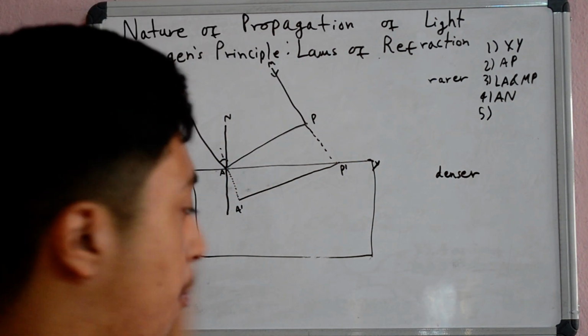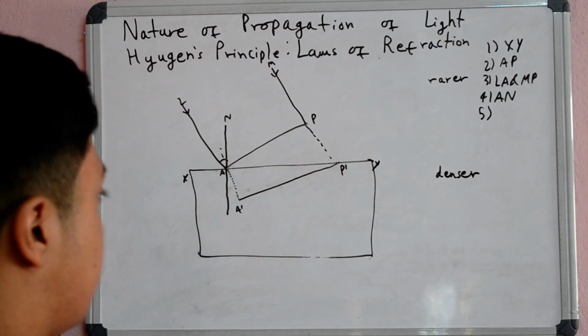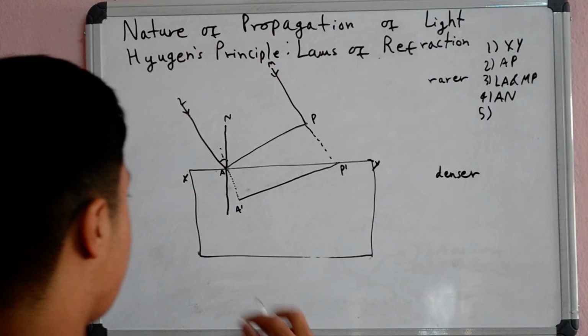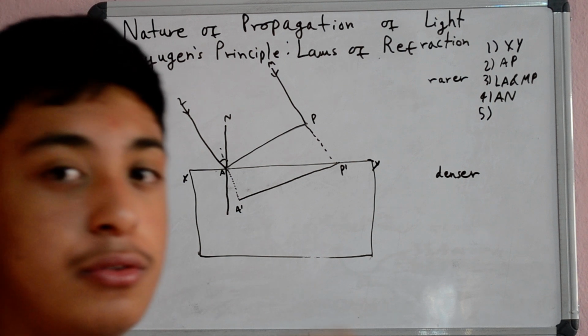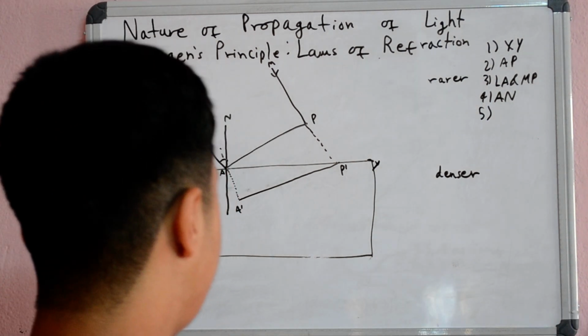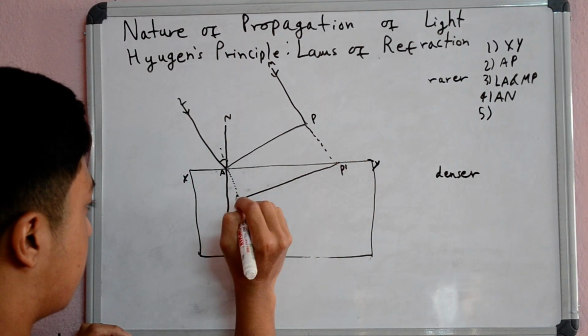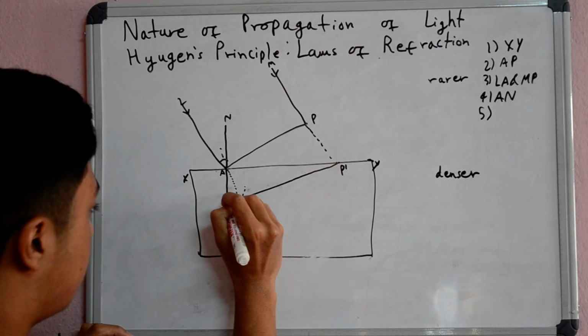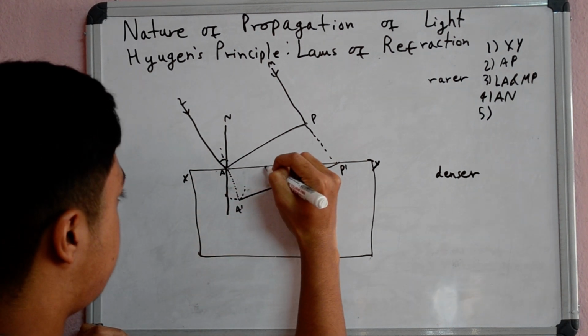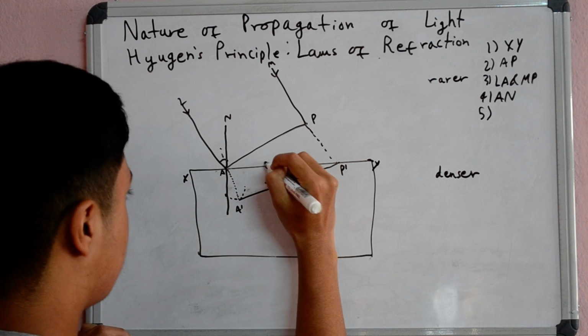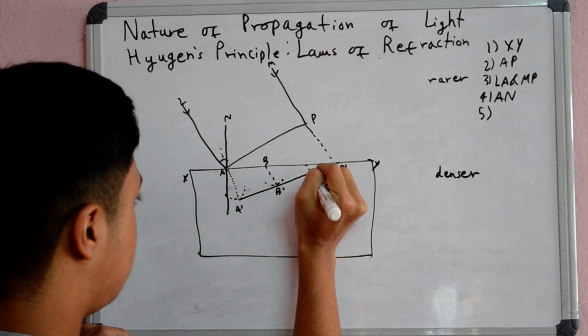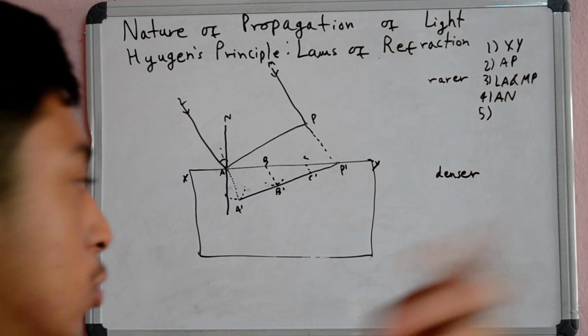So here, the primary wavefront is actually the XY, the refracting plane surface, and here AA dash is actually the radii of the wavelets to which the forward tangent gives A dash P dash. So here, this is a wavelet, B dash. This is another wavelet, C dash, another, and so on.